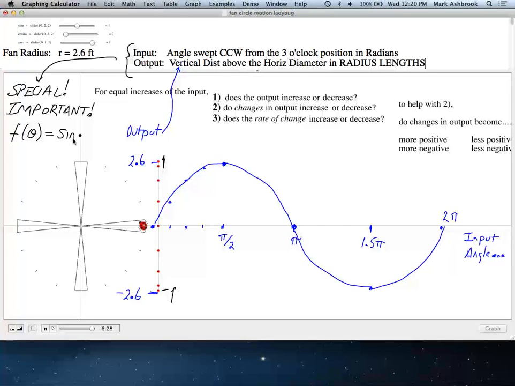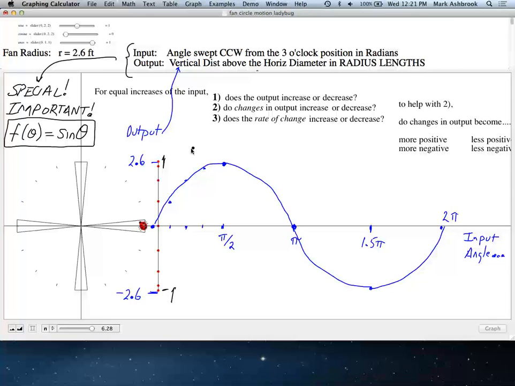It's the relationship of these two quantities right here. Why? Because this can output the vertical distance above the horizontal diameter for motion around any circle. Because that 1 universally could mean the radius, whatever the radius is.